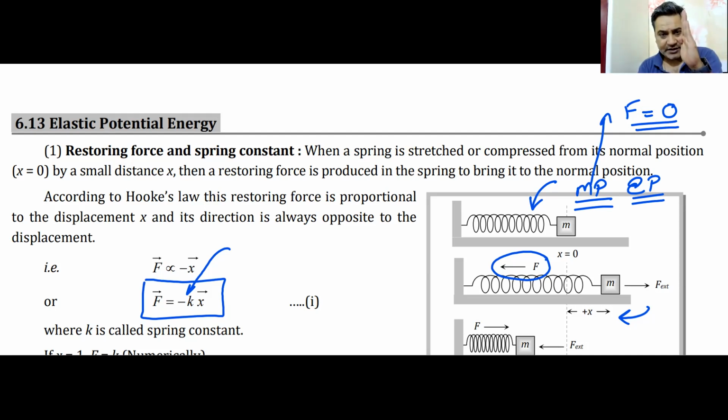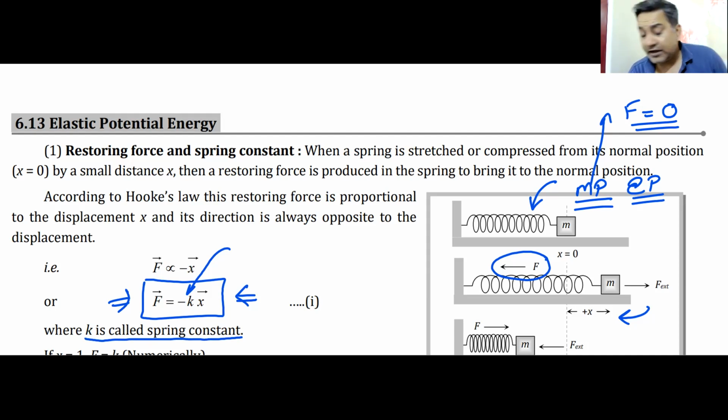Now from this state, if I extend the spring, it will try to pull it back. If I compress the spring, it will try to push the block back. The force applied by the spring will be minus kx, minus indicating that it is opposite to the direction of displacement. This k is a constant known as the spring constant. We know this, yes or no?